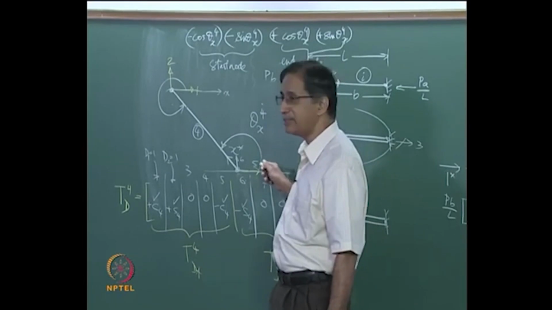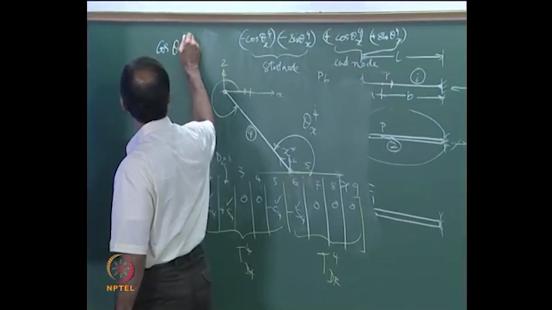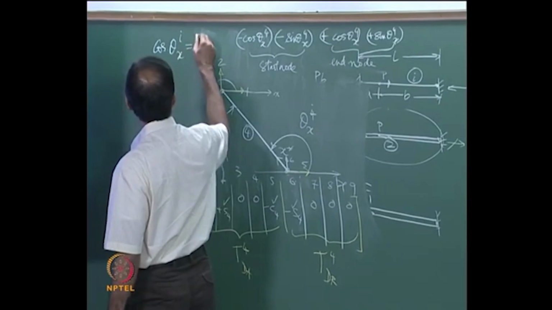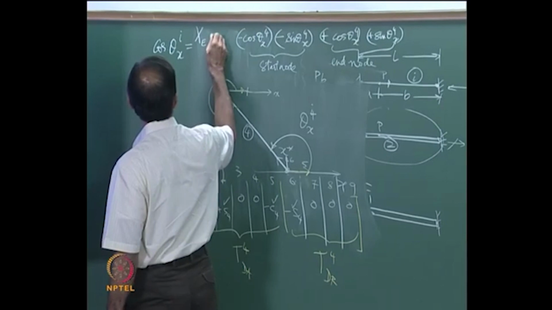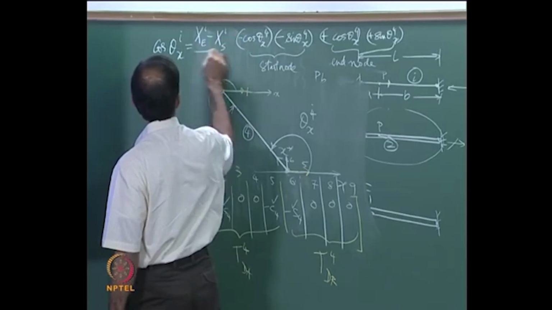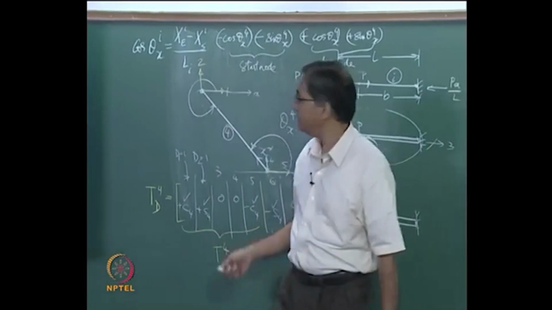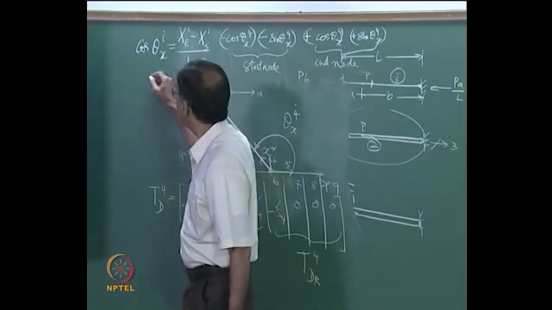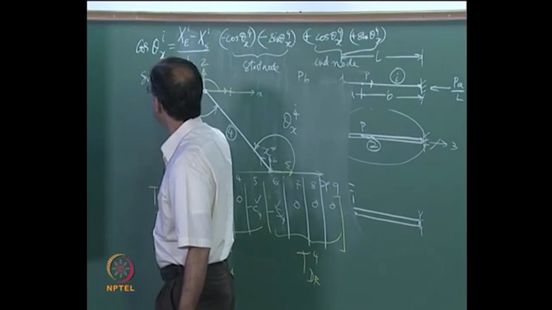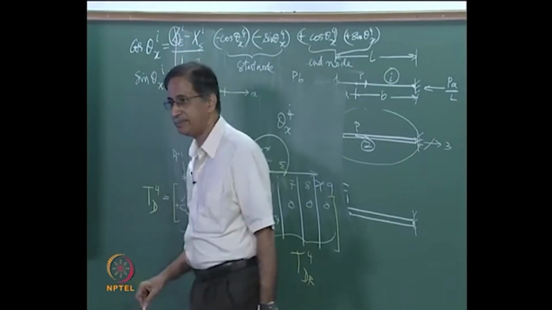See, we are talking of direction cosine. So we said cos theta Ix is always x end node of the element I minus x start node of the element I divided by the length of the element I. This is the direction cosine definition. Similarly, sin theta will be with respect to y axis, this x will be replaced by y.